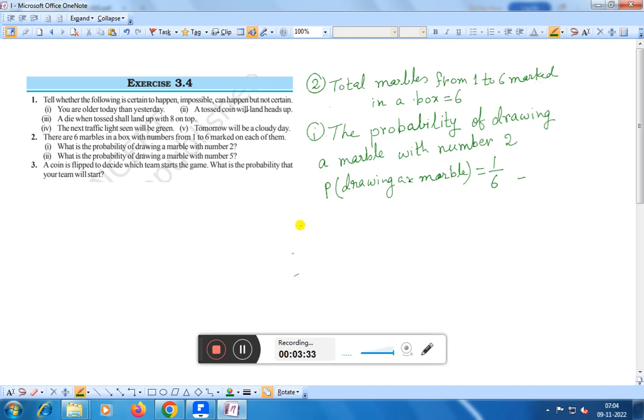Now, question number 2 is: what is the probability of drawing a marble with number 5?